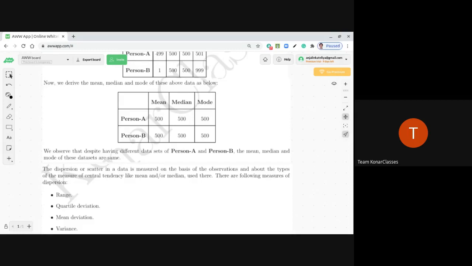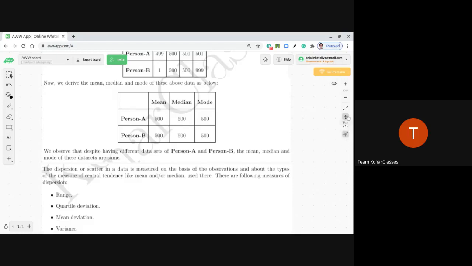That means how they are scattered with respect to the mean of these numbers, or with respect to the median of their numbers. So the dispersion or scatter in a data is measured on the basis of the mean and median of this data. We will see this in detail.